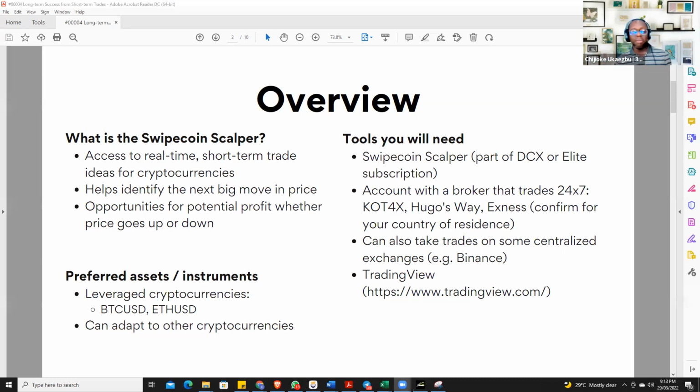All right, so we're talking about a tool called the Swipecoin Scalper. Whether you've used it before, in fact, let me not even make any assumptions. If you're on here and you've used the Swipecoin Scalper before, can you put a 4 in the chat? And if you've not used it before, or maybe you know what it is but you haven't used it, put a 5 in the chat.